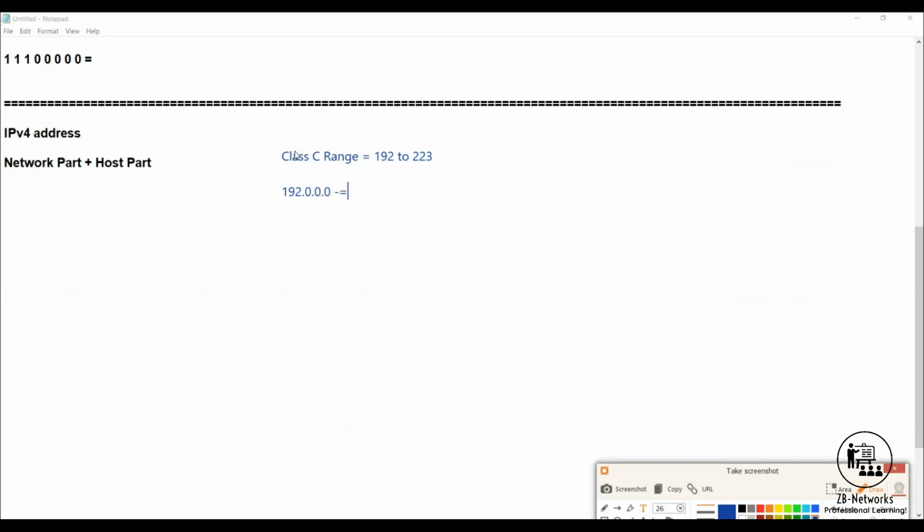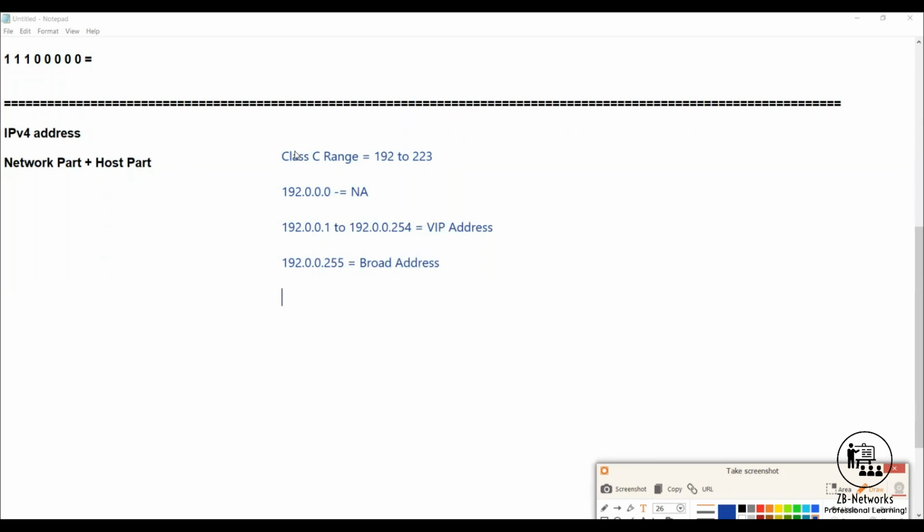That's your network address. 192.0.0.1 all the way to 192.0.0.254, that's your valid IP addresses, and 192.0.0.255 is your broadcast address.